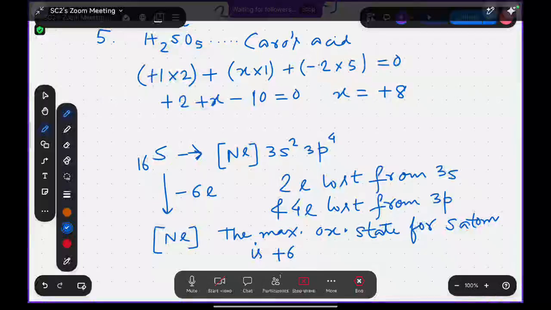That means my calculation, though it is correct, the +8 oxidation state for sulfur in Caro's acid is not possible. Sulfur can never achieve +8 oxidation state. The maximum oxidation state possible is +6.